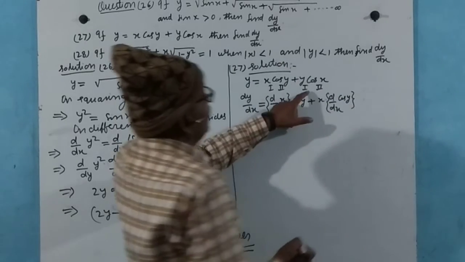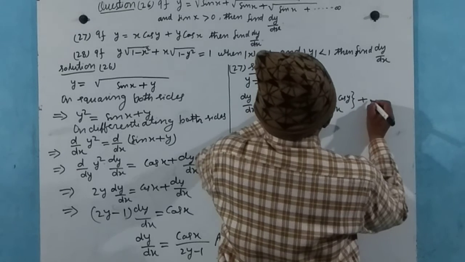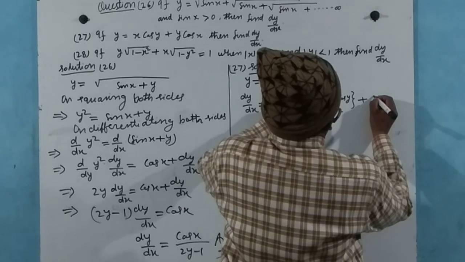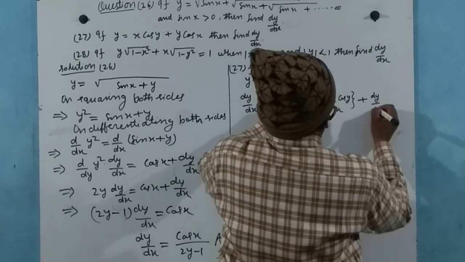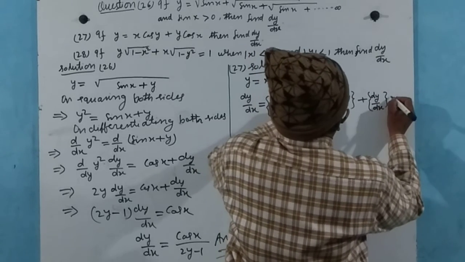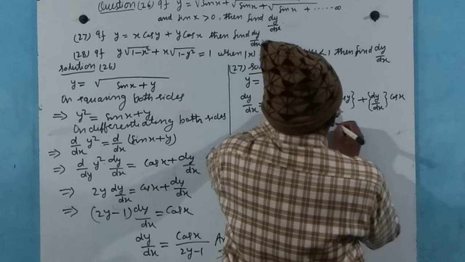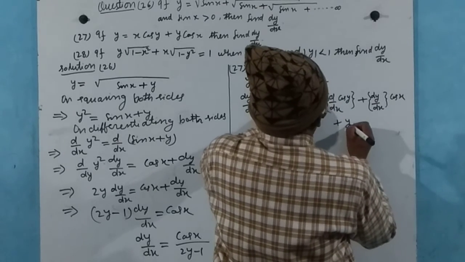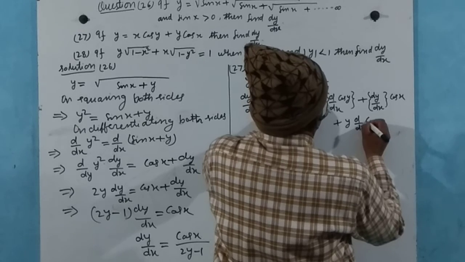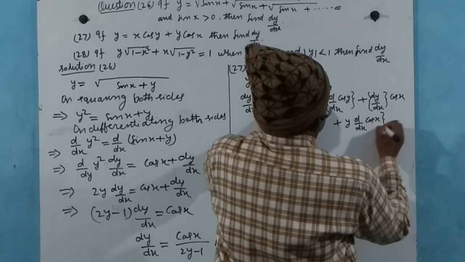Similar things in this case, plus y dy by dx into cos x plus y d by dx of cos x.